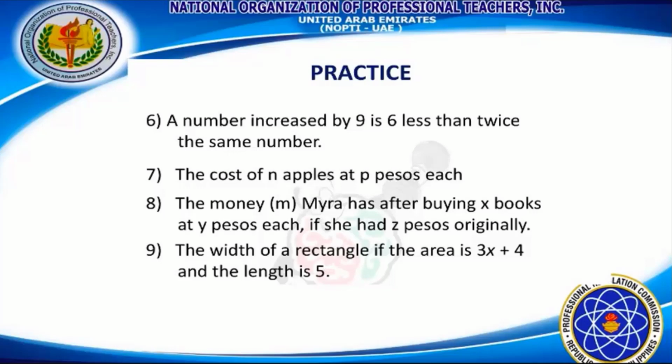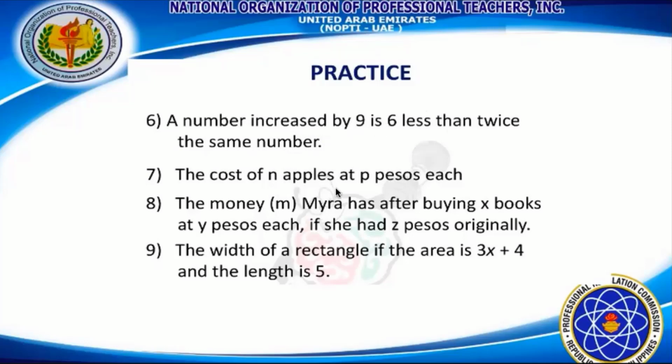How will you represent that? X plus 9 is 2x minus 6. Correct. X plus 9 is kasi is equal less than. Ibig sabihin, mas mauna yung eto, 2x minus 6.